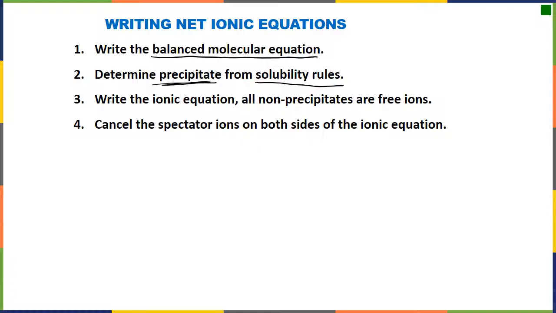That's our precipitate. If it's soluble, we're going to write it as aqueous, and all things that are not going to be in our precipitate are going to be soluble, and we're going to write them as free ions. We're going to remove our spectators from both sides, and then we're going to write what's left over, and what's left over is going to be the net ionic equation.